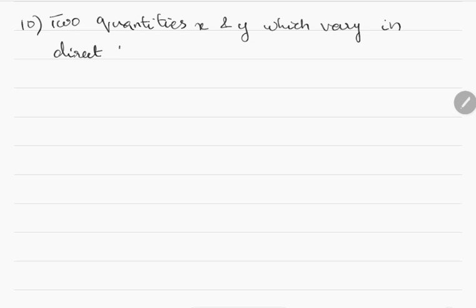So here two quantities x and y vary in direct proportion. They have the relation x equal to ky.